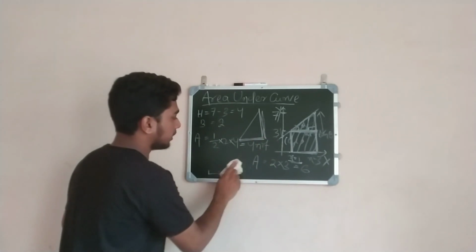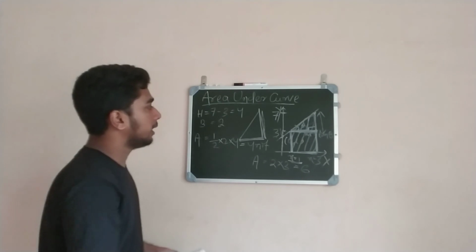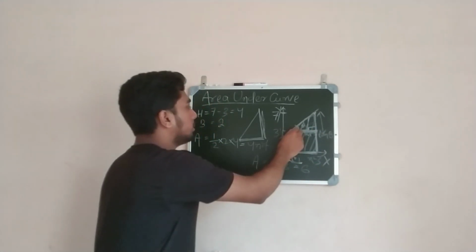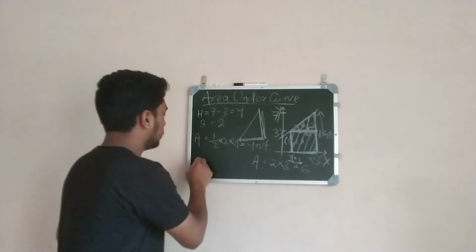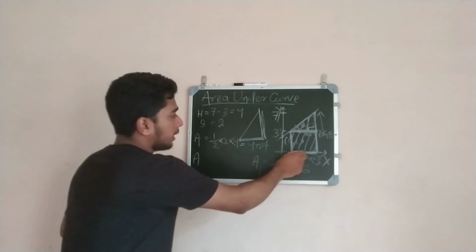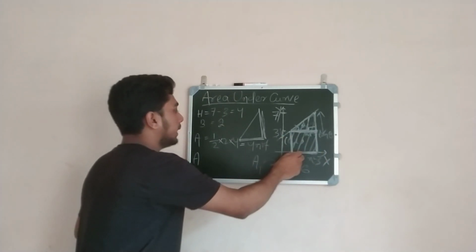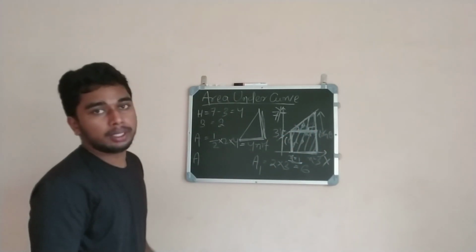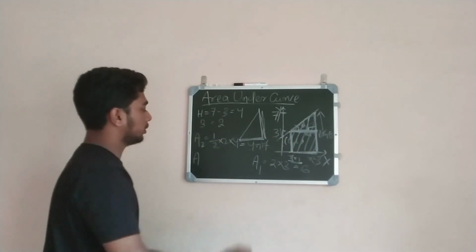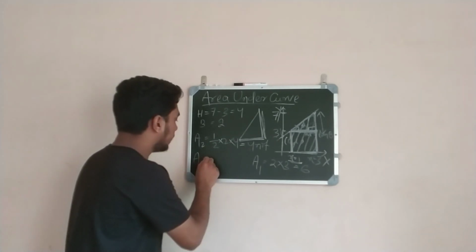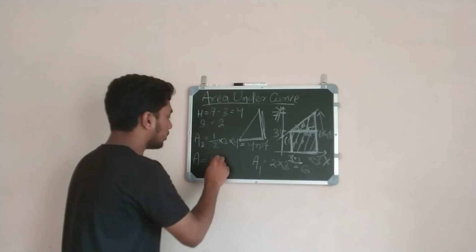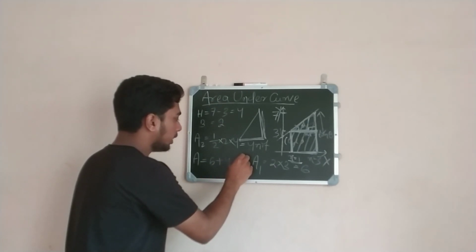So I find that the area of the rectangle is 6 unit and the area of the triangle is 4 unit. So for the total area, the area of the rectangle is A1 and the area of the triangle is A2. Then the total area will be A1 plus A2. That means 6 plus 4, which is equal to 10 unit.